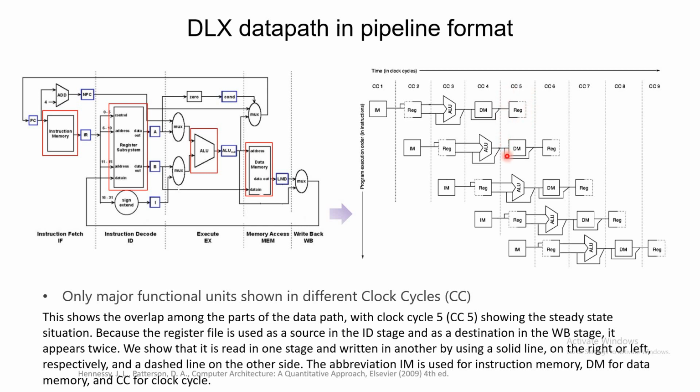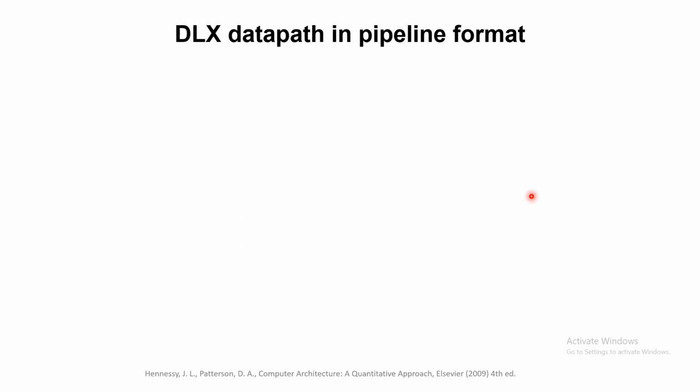The second instruction will perform its data access operation if required, the third instruction will be in the execution stage, the fourth instruction will be at the decoding stage, and the fifth instruction will be fetched by the fetching unit. At the fifth clock cycle, each and every stage of the data path will perform an independent operation. Okay, so this is the data path in the pipeline format.